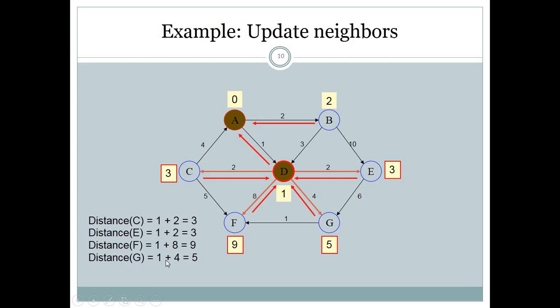Shortest distance for G is 1 plus 4, equal to 5. Keep in mind, we are considering only and only D here. We are not considering any node in between. So the shortest path including A and D, from A and D to C, is 1 plus 2, 3. Distance E is 3, distance F is 9, distance G is 5.